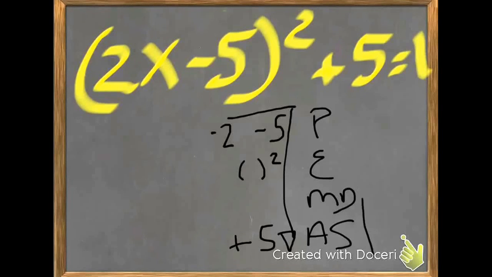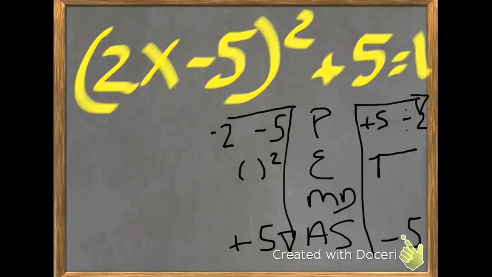So we're going to undo in the opposite order. First we will subtract 5 from both sides. Then we will take the square root of both sides. Then we will add 5, and then we will divide by 2.